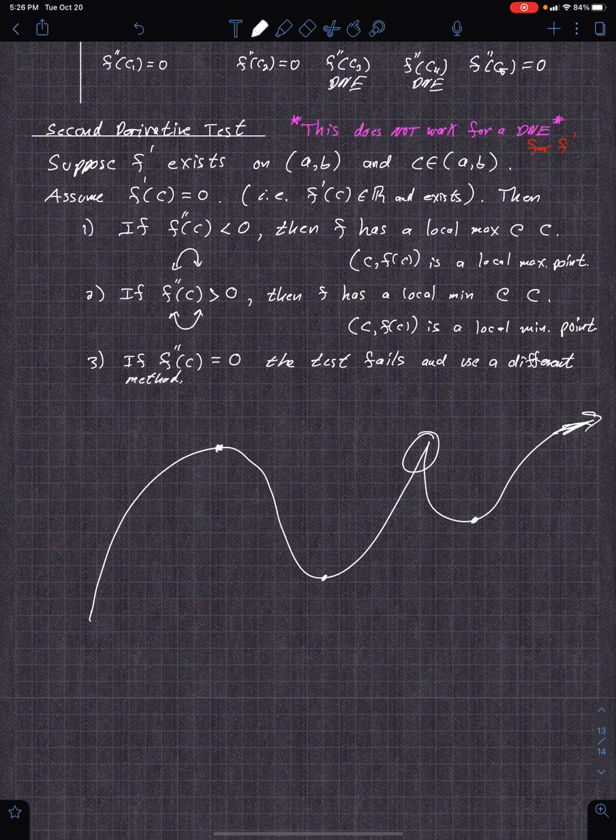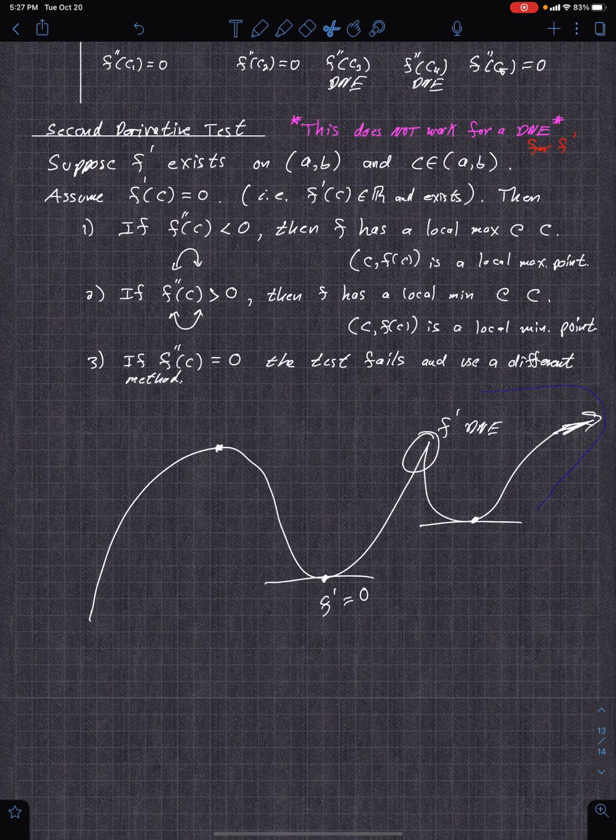Here you'll have f prime as DNE, so you have to use increasing, decreasing, the first derivative test. On these where it's smooth, you'll get f prime as 0, and you can use the second derivative test. Okay, but we'll look at a bunch of examples to go over all that.